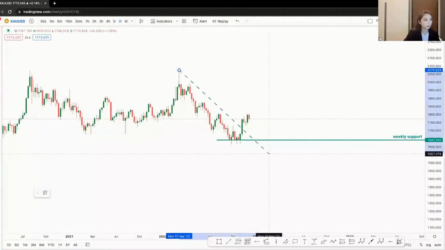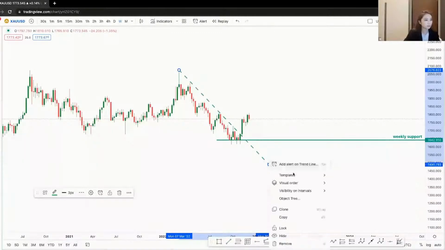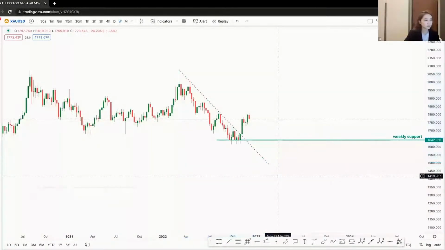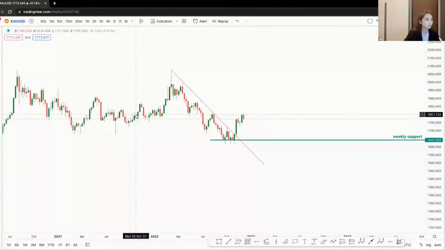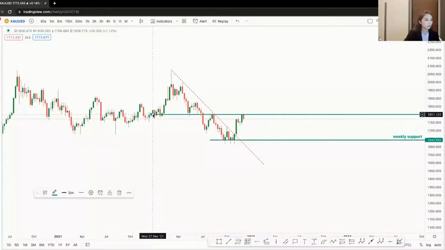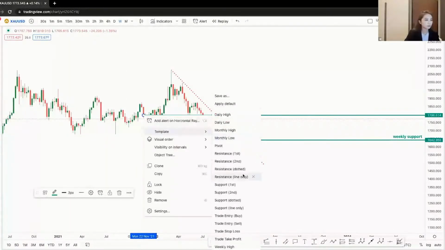Previously it was on a downward movement. Possible support and resistance blockage. So it's a support and resistance moment.